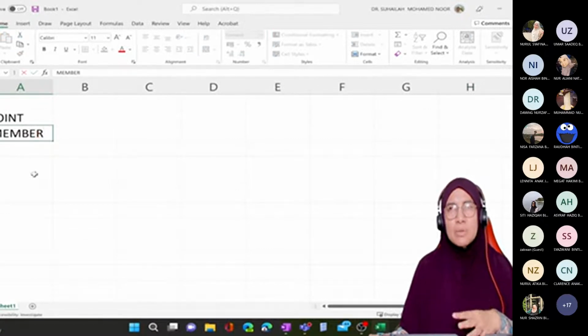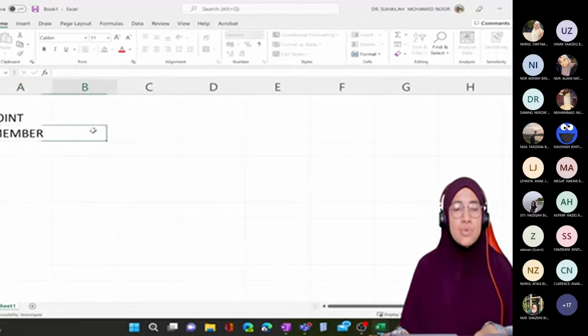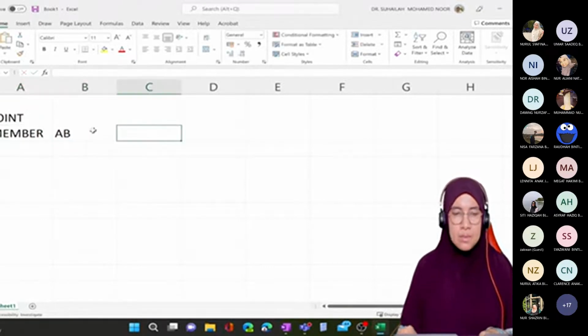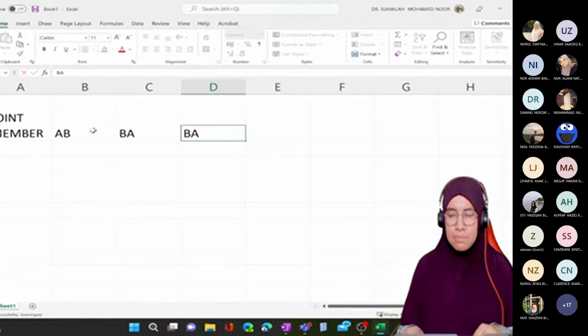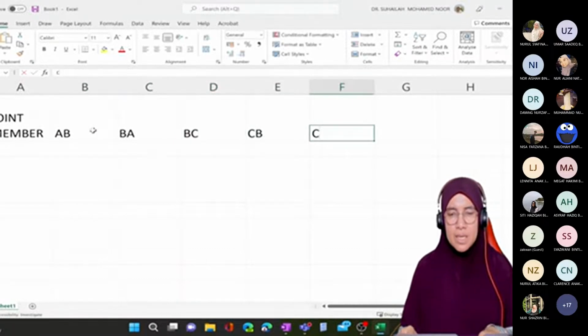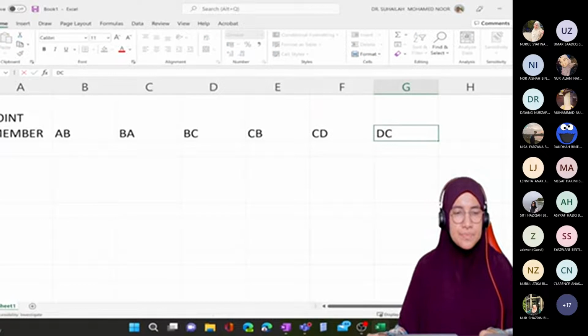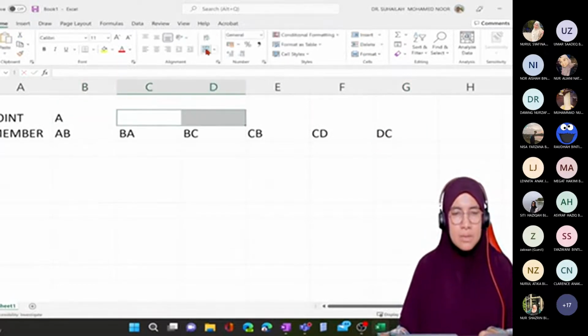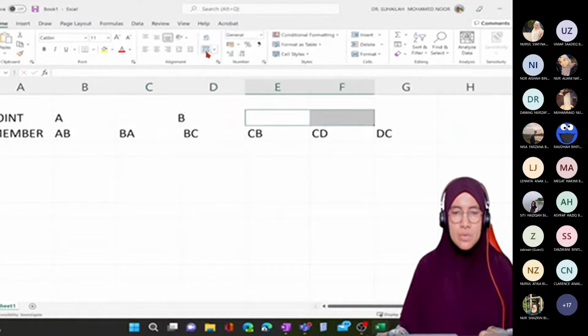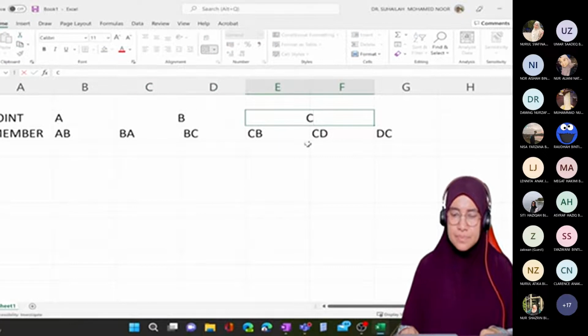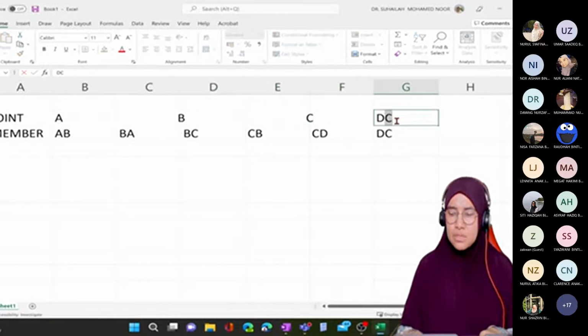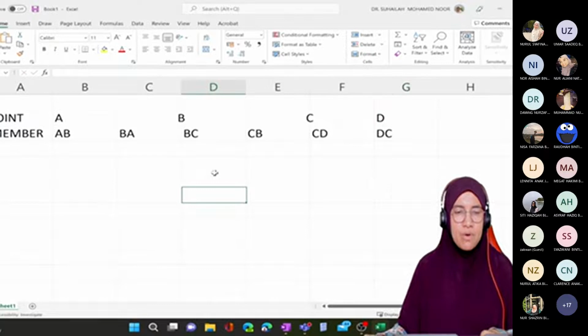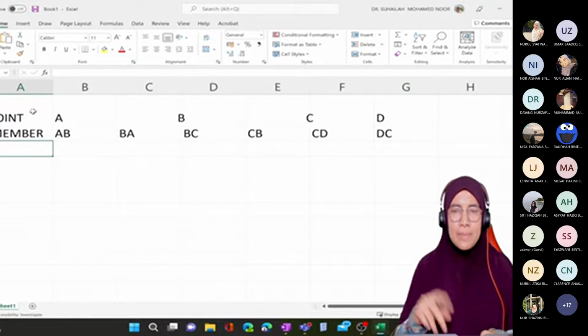Member ni refers to member N. So we have AB, BA, BC, CB, CD, and DC. So we have joint A, joint B, joint C, joint D. So four joints. And then I will calculate K in the table as well.